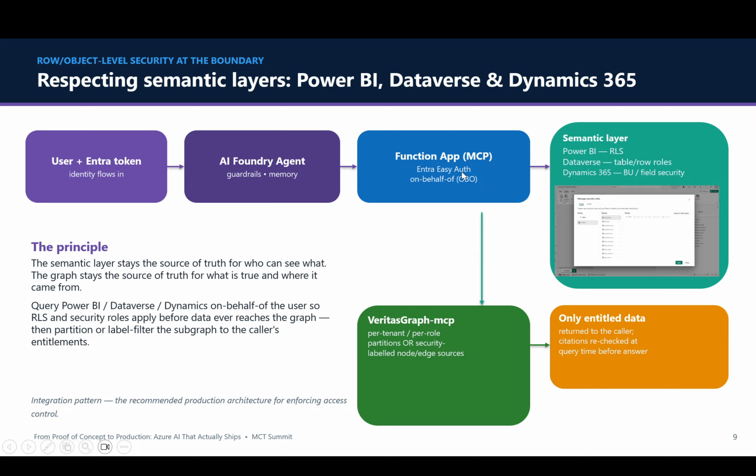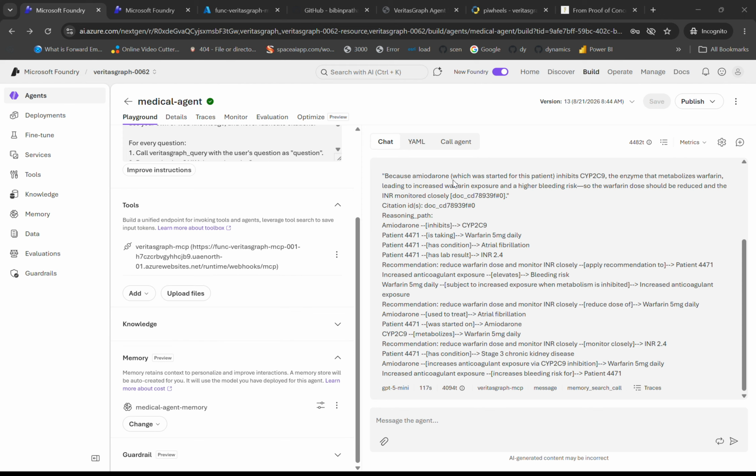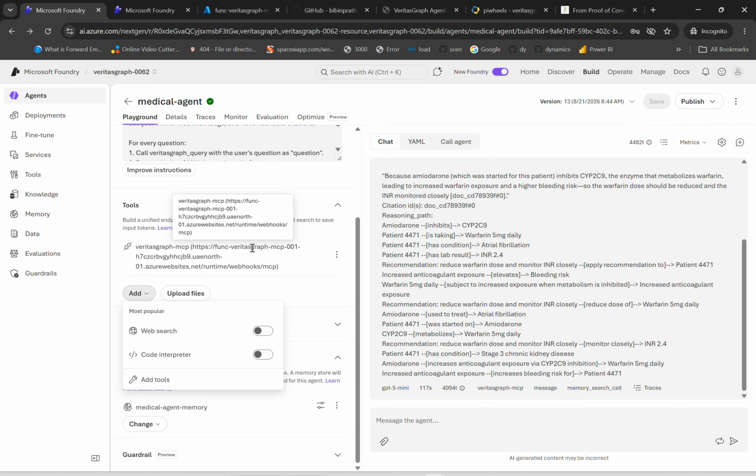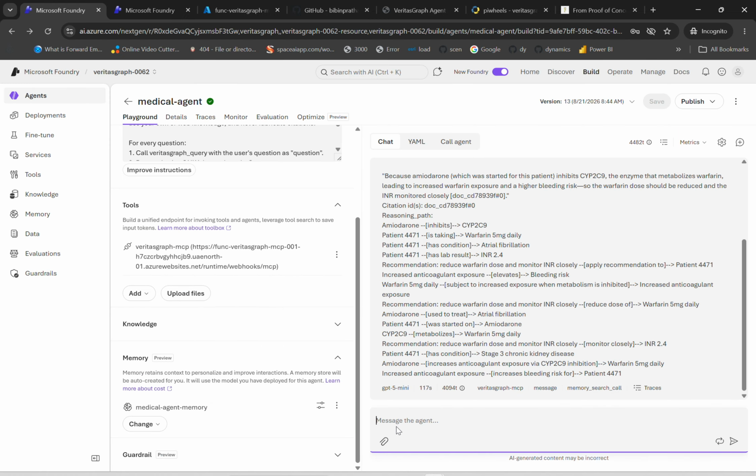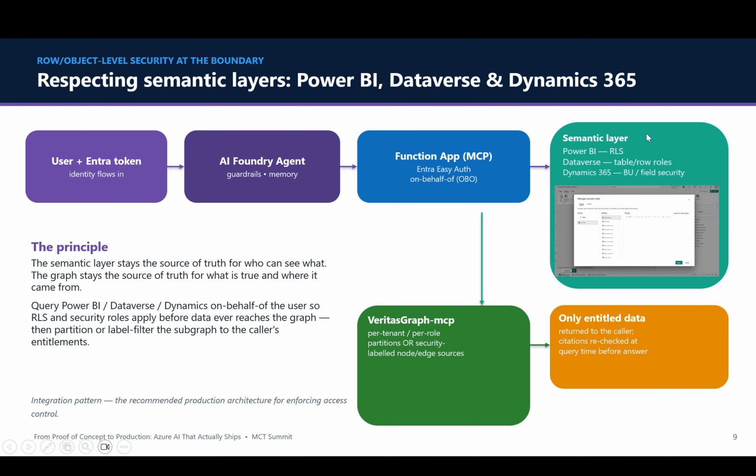So we need to create an MCP for this semantic layer APIs, and then configure this MCP in the tools layer, the same as we configured the VeritasGraph MCP. When a user asks to show patient details from all departments, only if he has the necessary privilege will he get the list of patients from all departments.